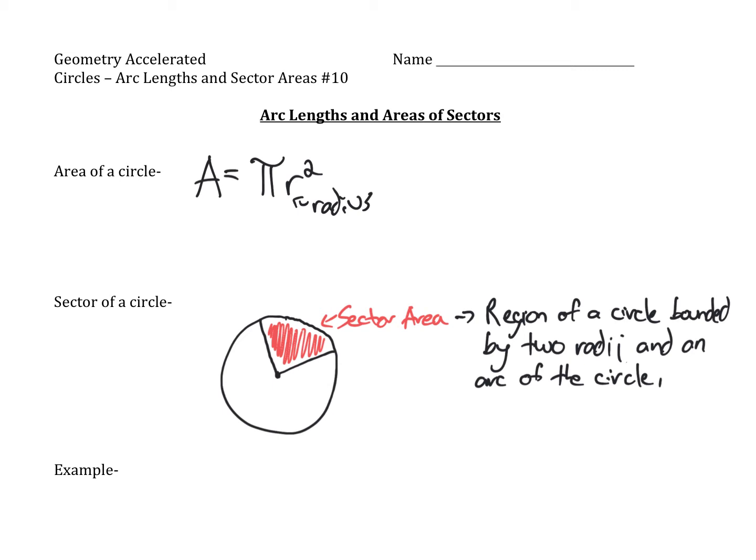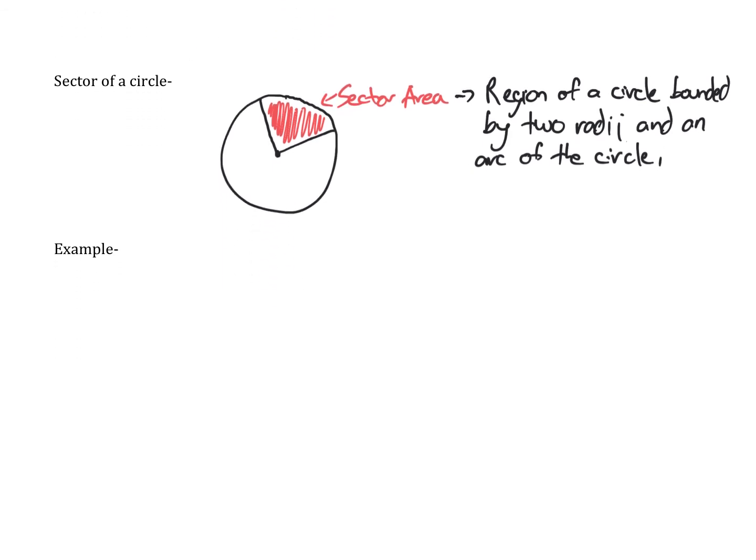So the question is, how do we find the area of a slice? It's actually pretty simple. Let's take an example where I have a circle and the radius of this circle, we'll call it 6.